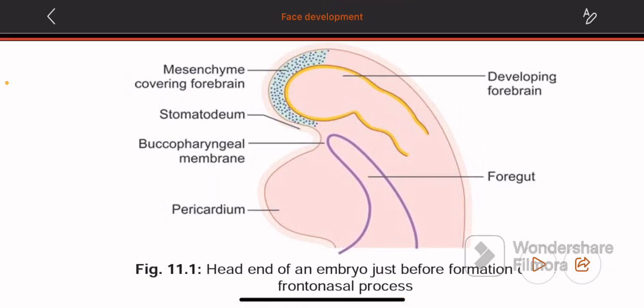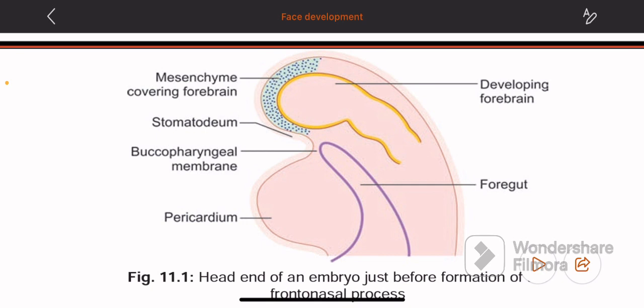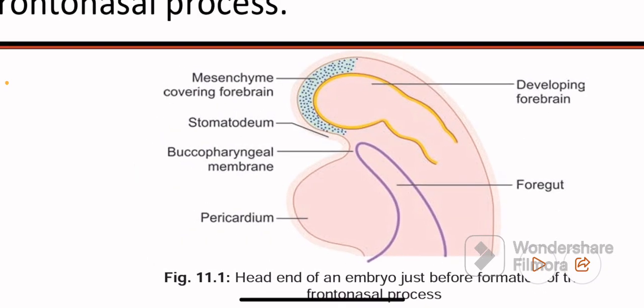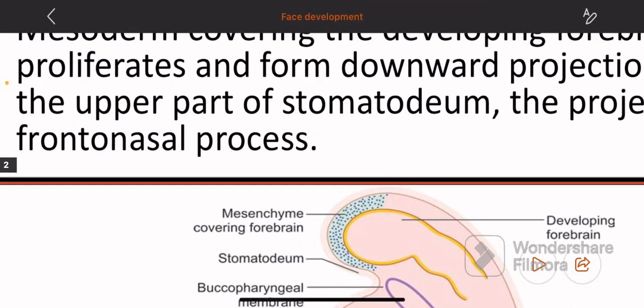Above, you can see the developing forebrain in yellow color, and in front of it lies the mesenchyme covering of the forebrain. Guys, this mesenchyme covering undergoes proliferation and forms a downward process, and this projection is known as the frontonasal process.